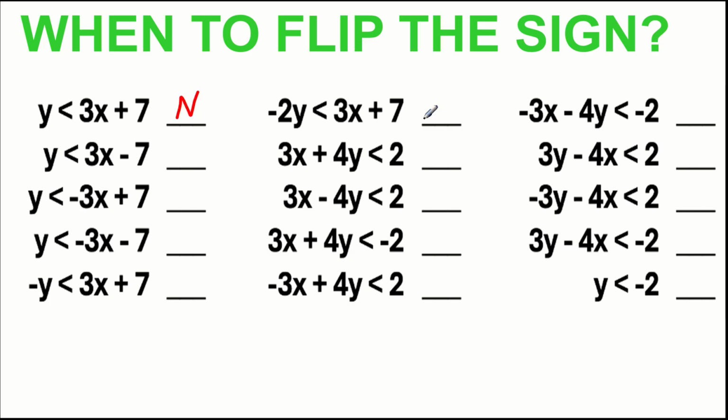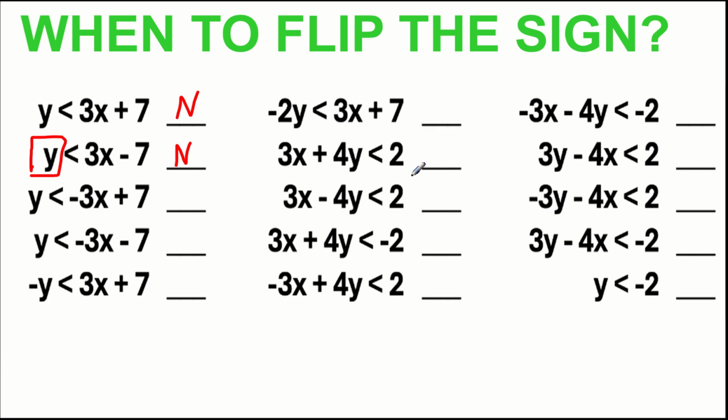Yeah, there's no negative on our y, so we don't flip it. Second one, Tariah. Sydney? No. Why not, Sydney? There's no negative on our y, so that's what we're looking at.